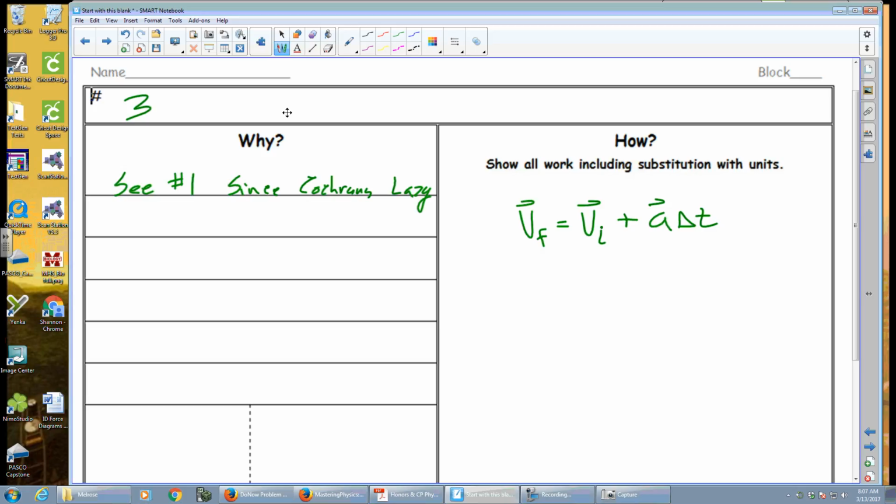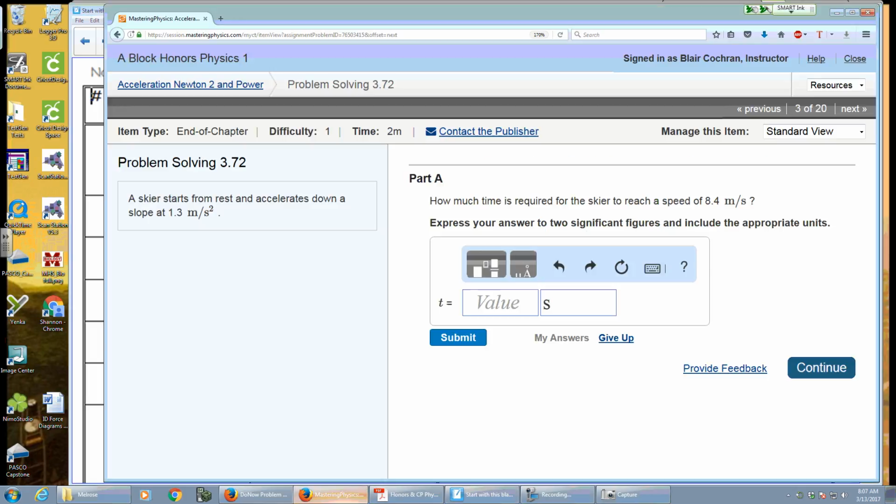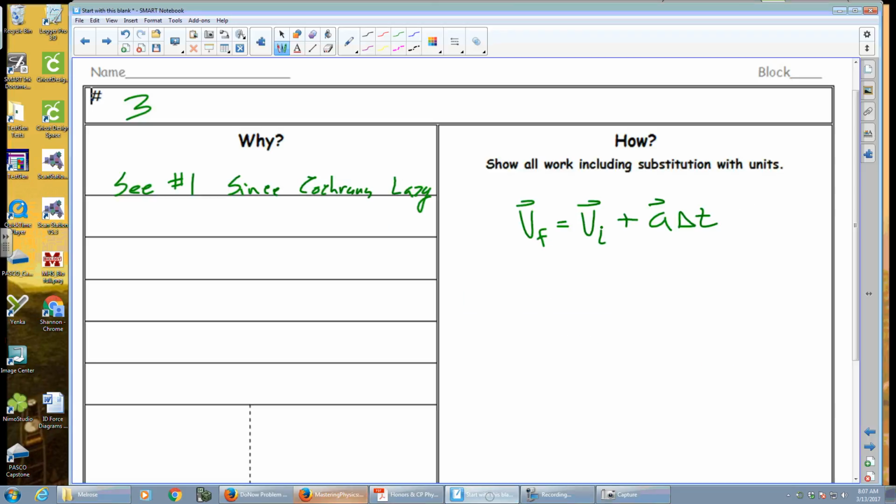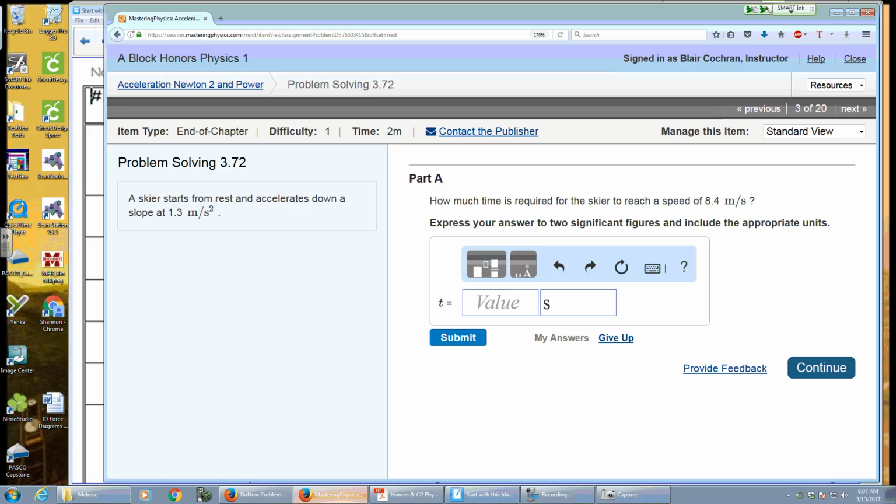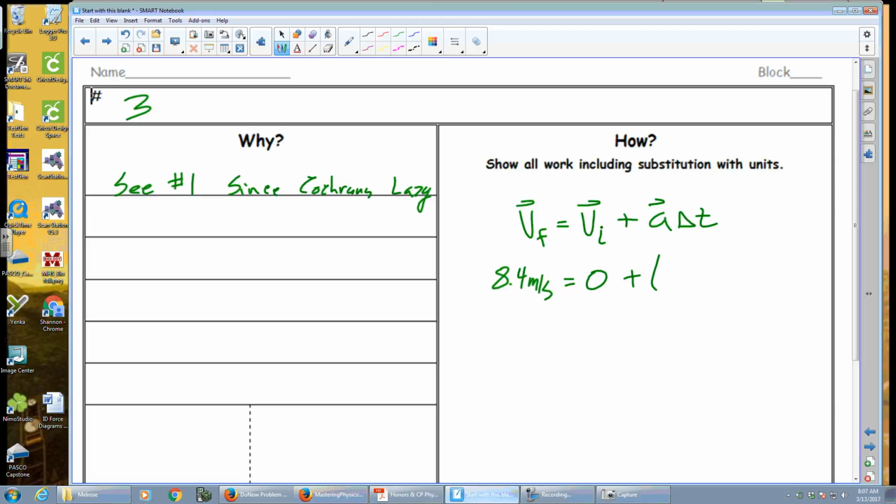Yeah? Okay, so we have a V final now. It's 8.4 meters per second equals 0 plus 1.3 meters per second squared delta T. Solve for delta T. Yay!